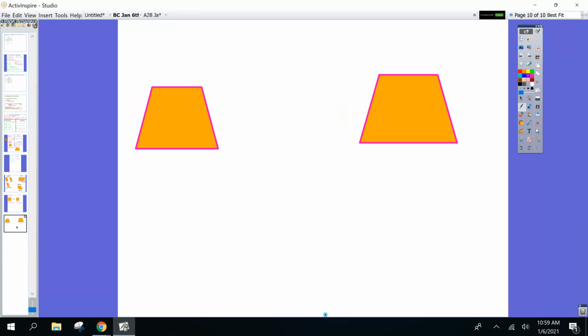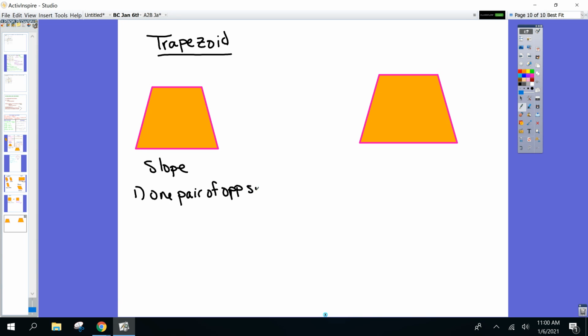And then finally, how am I going to prove the trapezoids? So tomorrow, first proof says, hey, prove this is a trapezoid. What's our plan of action here? Prove slope. Yep, that's the formula I'm going to need. What do I do with the slope? One pair of opposite sides parallel and the other one not.